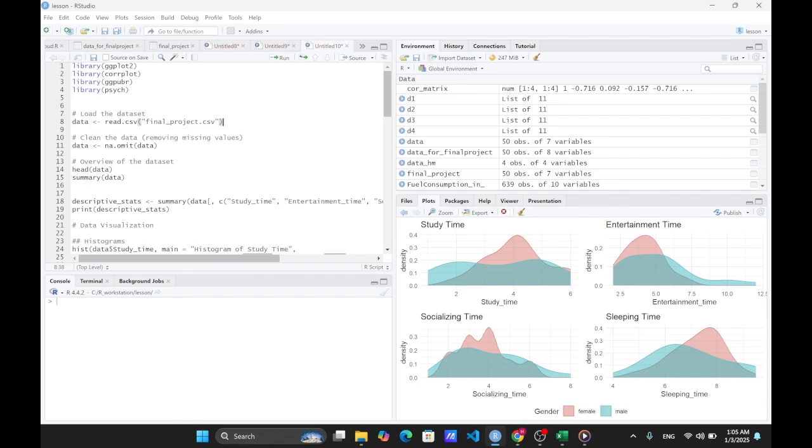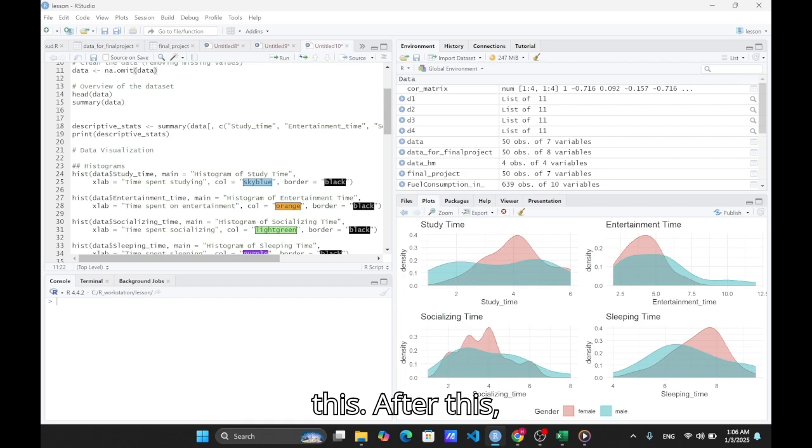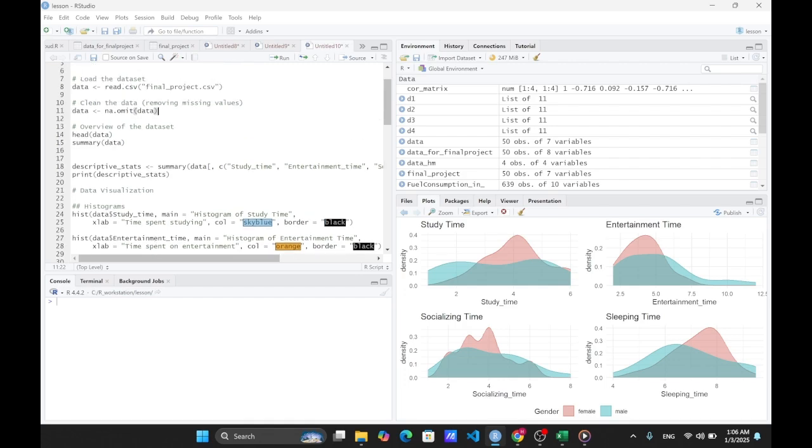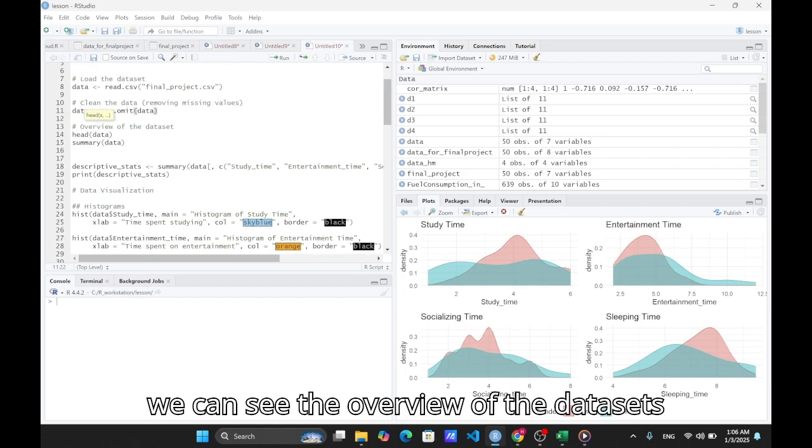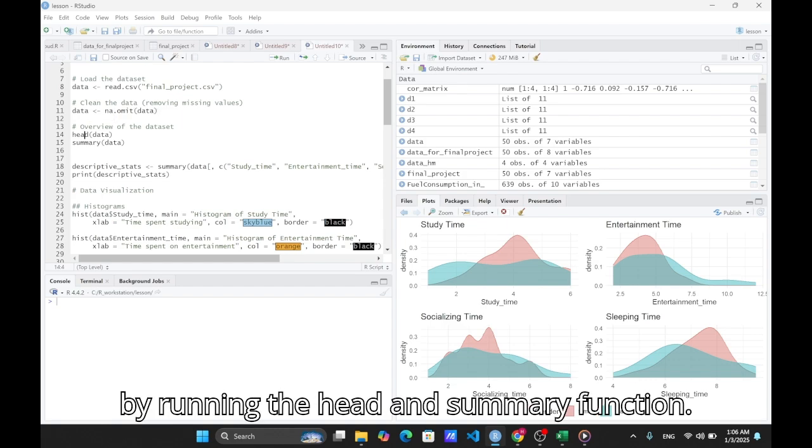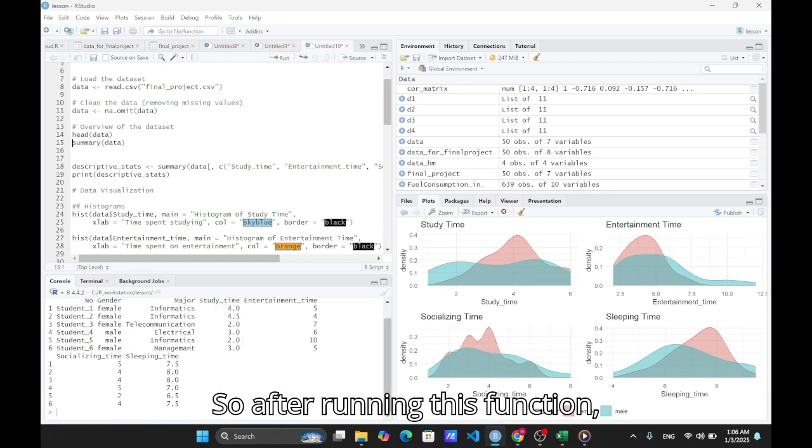I write the code with the na.omit function, which can clean your data by removing the missing entries. So I clean the data with this. After this, we can see the overview of the data set by running the head and summary functions.